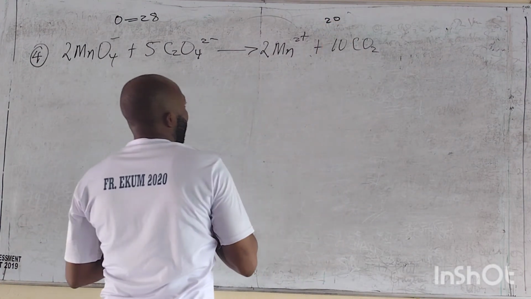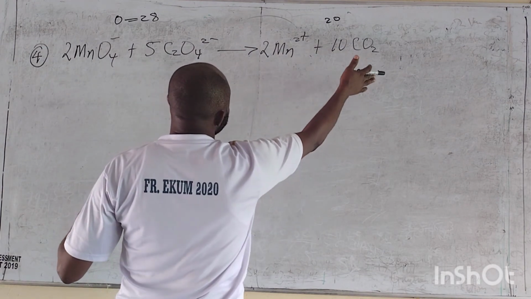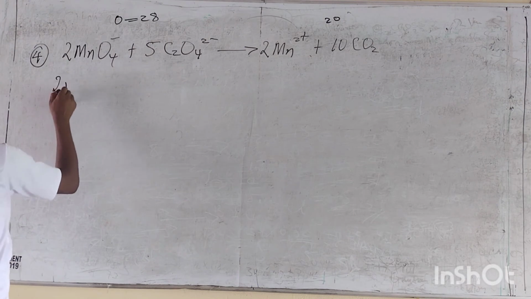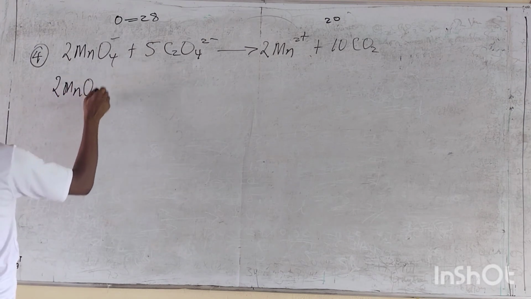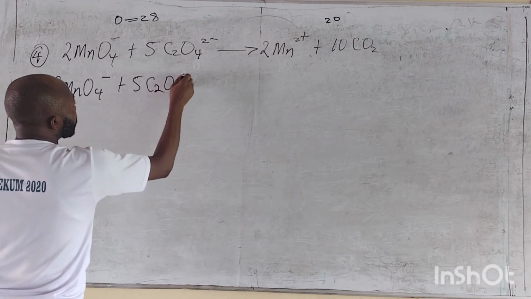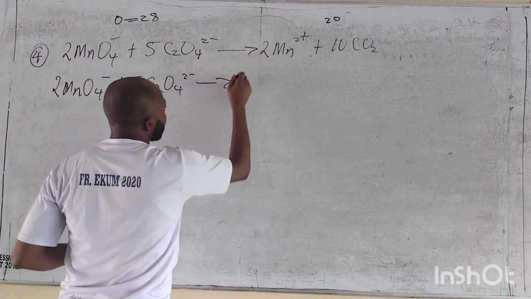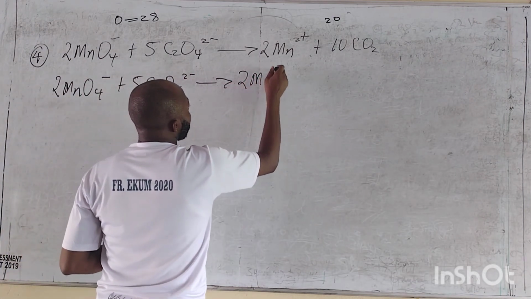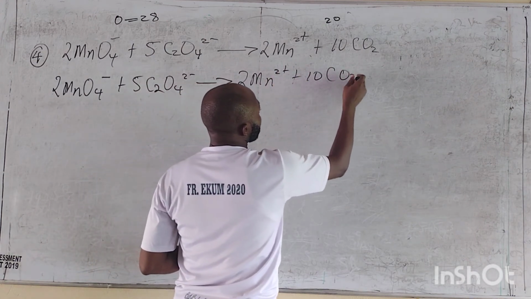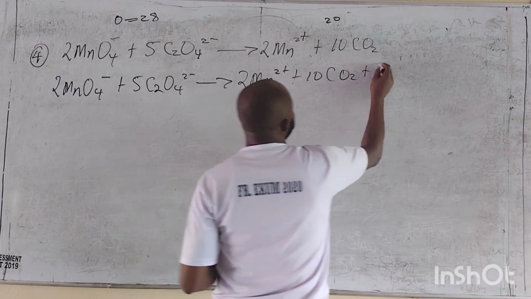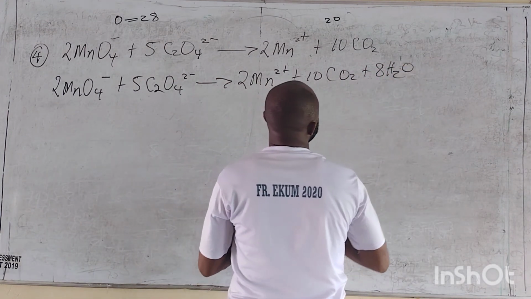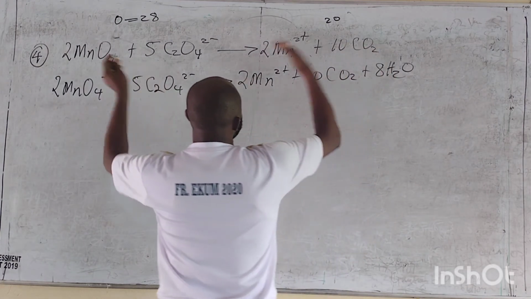So we are going to balance for 8 moles of oxygen. So I come back, we have 2 MnO4 minus plus 5 C2O4 2 minus gives us 2 Mn2+ plus 10 CO2 plus 8 H2O. Now I have 8 oxygen, so it's balanced.